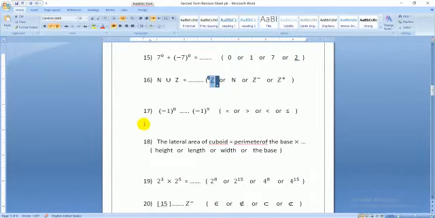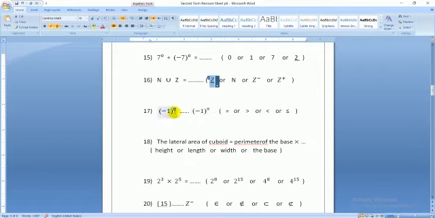Number 17. Which is bigger, negative 1 power 8 or negative 1 power 9? Again and again, it's very important. The even power cancels the negative sign, but the odd power, like 9, keeps the negative sign.